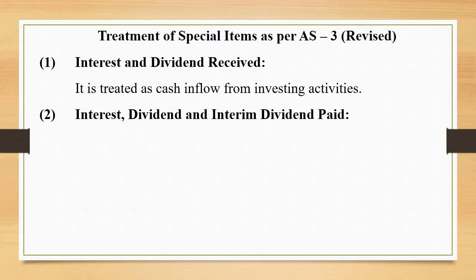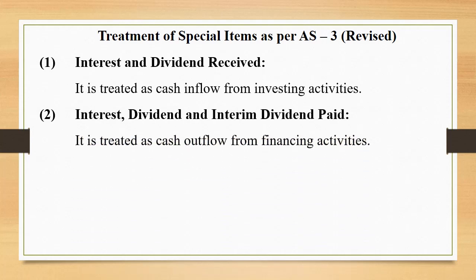If the company issues shares, they need to pay dividend on the condition that they have profits. If the company has some borrowed funds, they need to pay interest. So let us see how it is treated in cash flow statement. It is treated as cash outflow from financing activities.